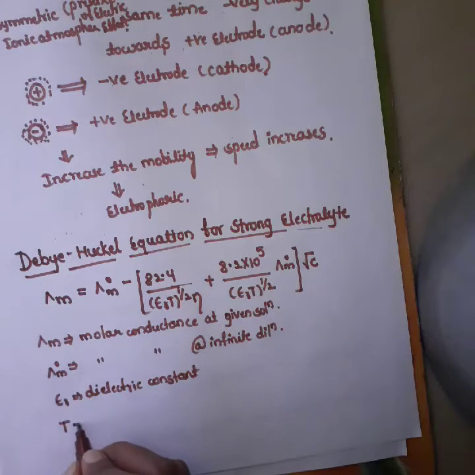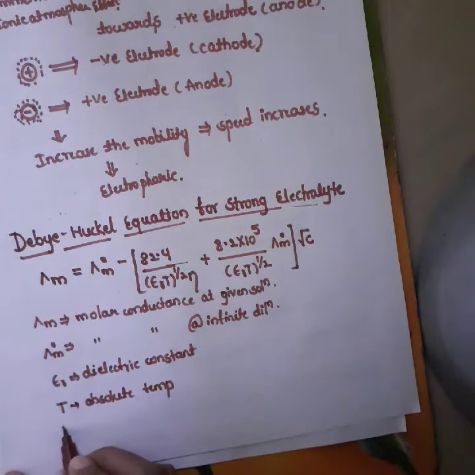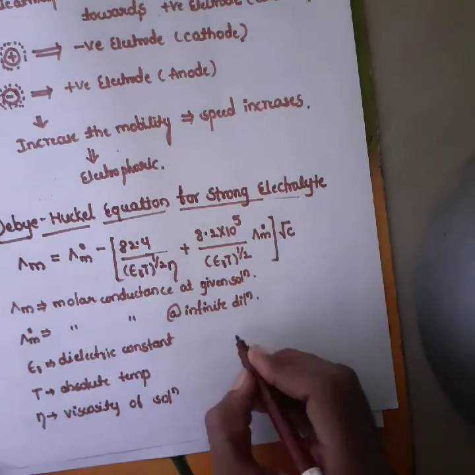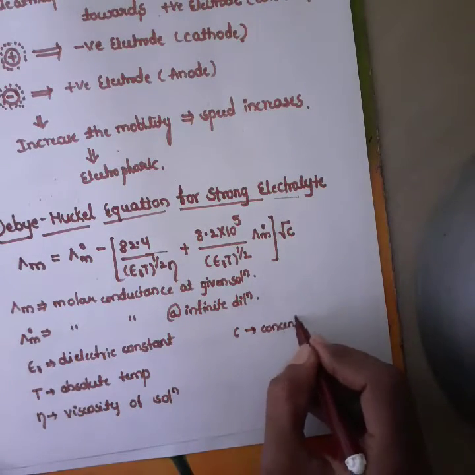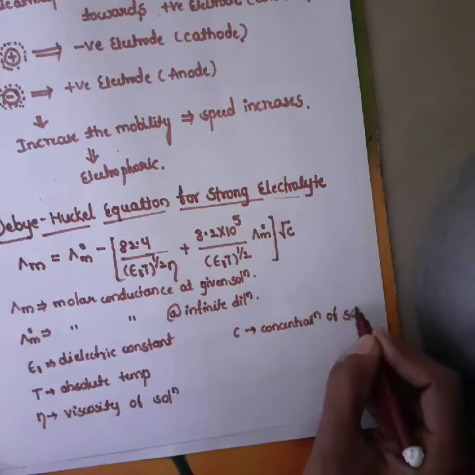T is absolute temperature. Next one is eta. Eta means viscosity of solution. The last one is C, which means concentration of solution.